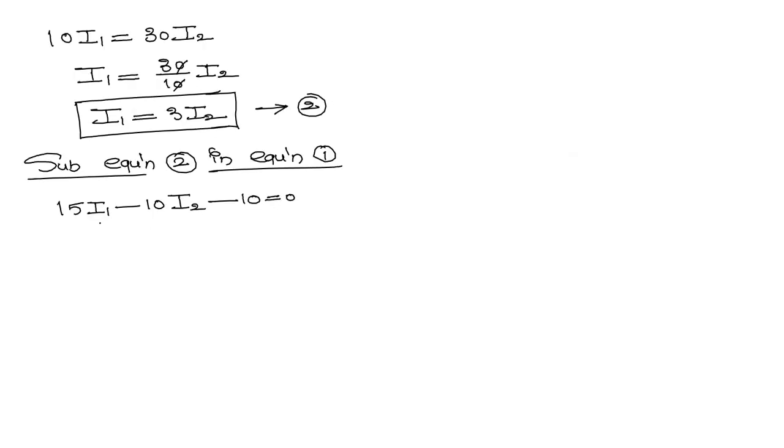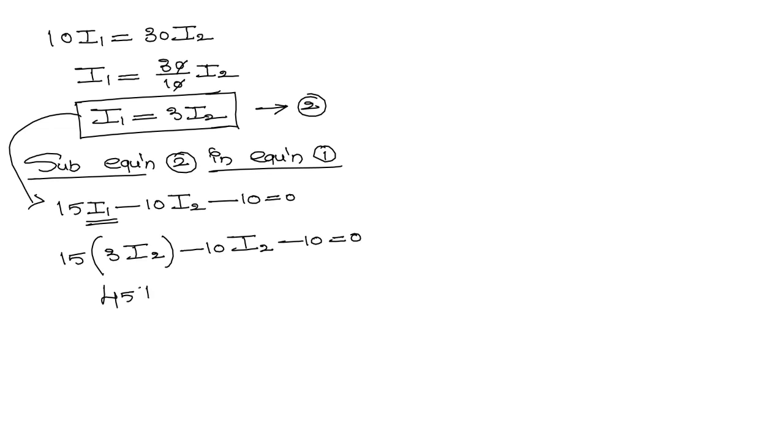Now substitute, instead of this particular I1, this value. Clear? Now 15 into I1, that means 15 into 3 I2, minus 10 I2 minus 10 is equal to 0. Now 15 threes are 45 I2 minus 10 I2, minus 10 is equal to 0.